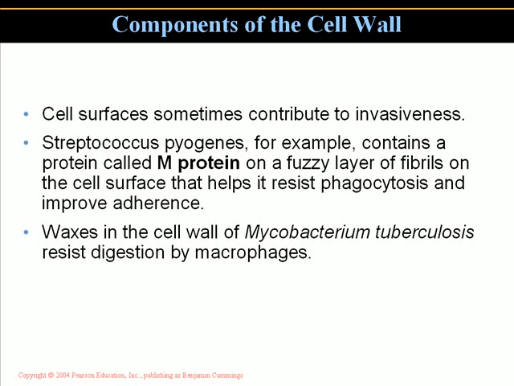Waxes in the cell wall, such as in Mycobacterium tuberculosis, can resist digestion by macrophages. The reason why tuberculosis can be such a bad disease in humans is once this organism gets in the lungs and the macrophages can't get rid of it, the body, by its immune response, will start to wall off this organism.